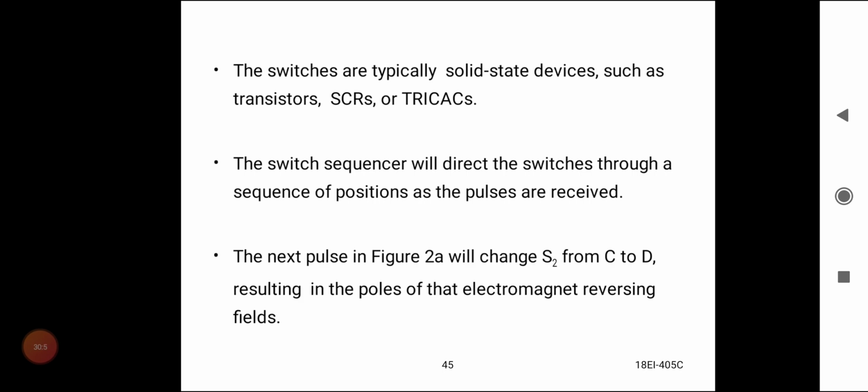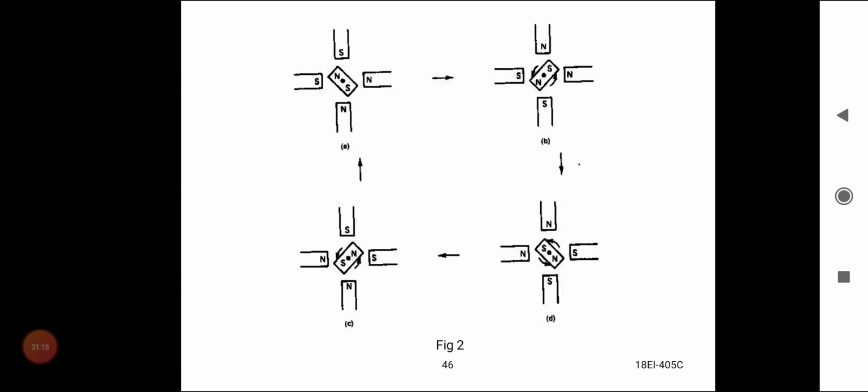The next pulse in figure 2a will change switch S2 from C to D, resulting in the poles of those electromagnets reversing fields. As shown in the figure, north and south poles face towards each other, so it is attracting.